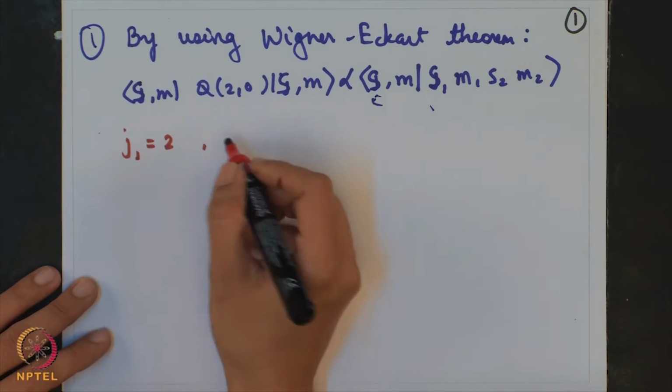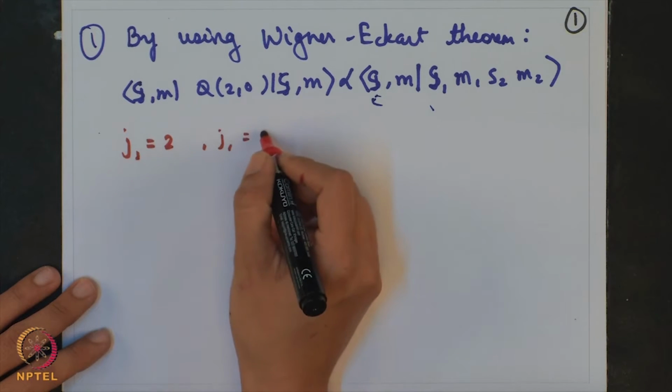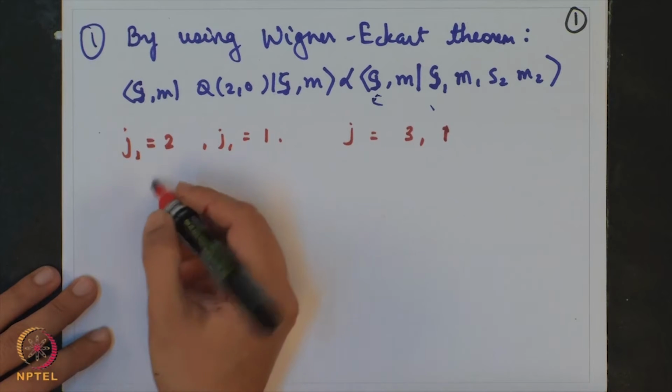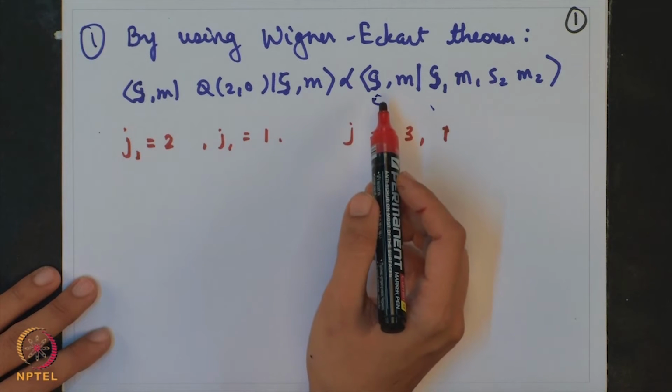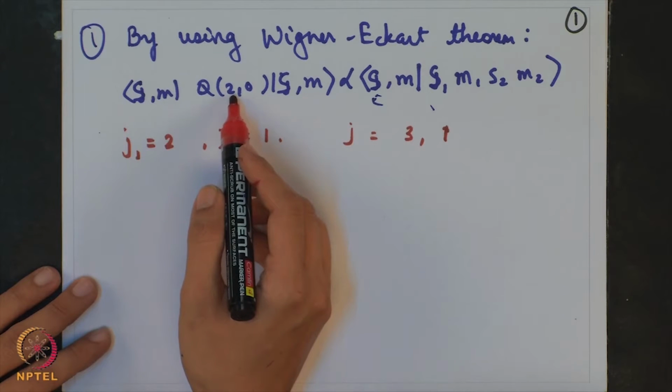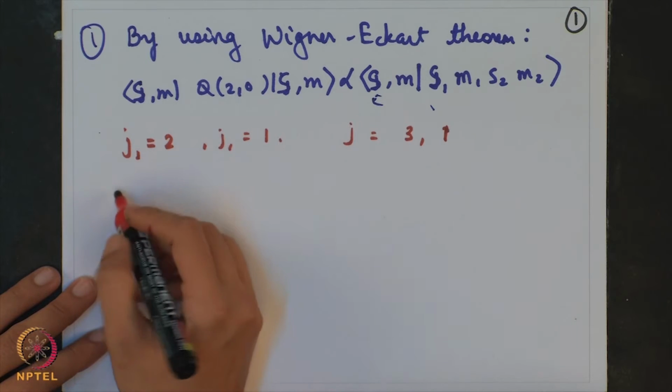J is equal to 2, J 1 is equal to 1. Here you can start by writing, because your q has k is equal to 2.